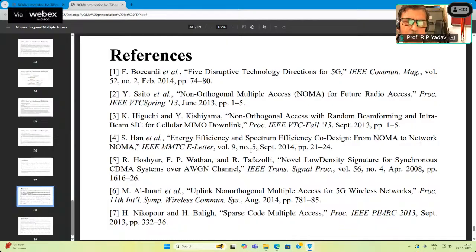Then, non-orthogonal access with random beamforming and intra-beam SIC for cellular MIMO downlink, again IEEE, 2013. Of course, ideas kept on coming up, but still, at the operational level, all companies are really working hard, or struggling hard, to realize the potential of this technology.